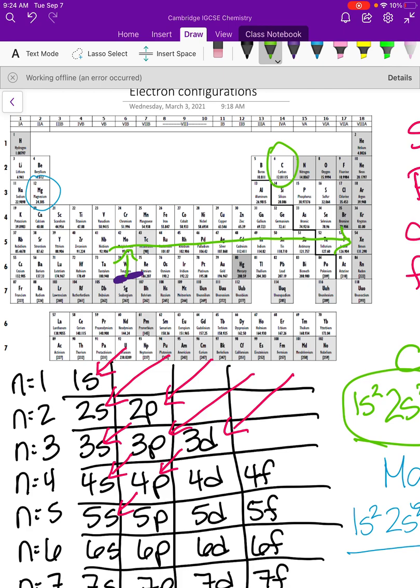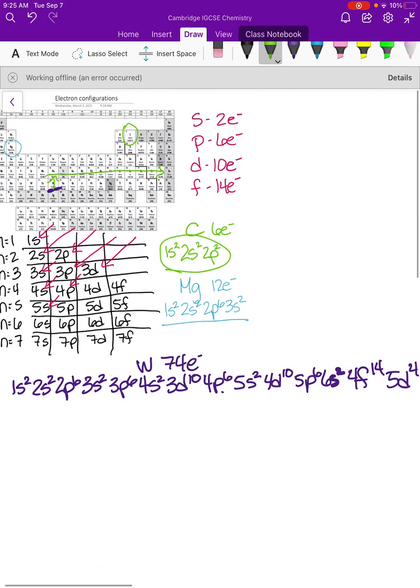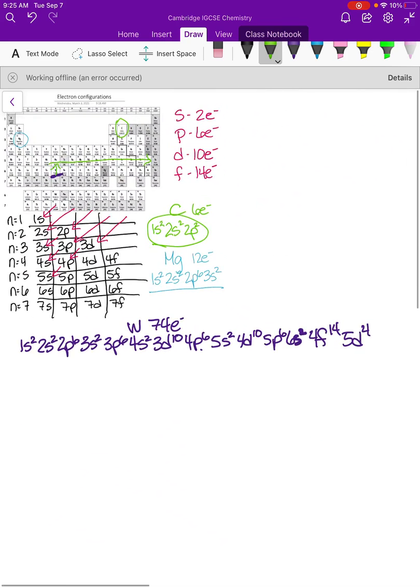On the row above, at the very end, are your noble gases. So xenon is the noble gas that comes before tungsten. So to write tungsten's noble gas notation, we put xenon in brackets, and then we follow up with what's left.